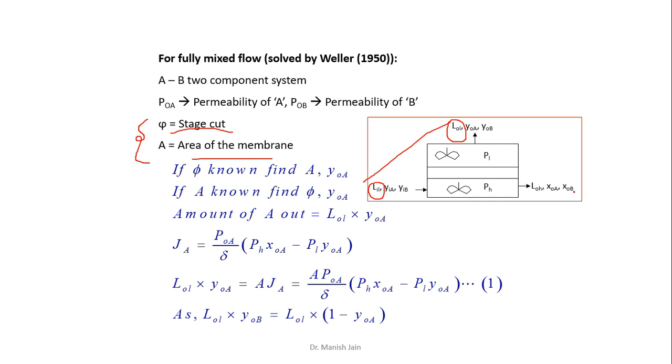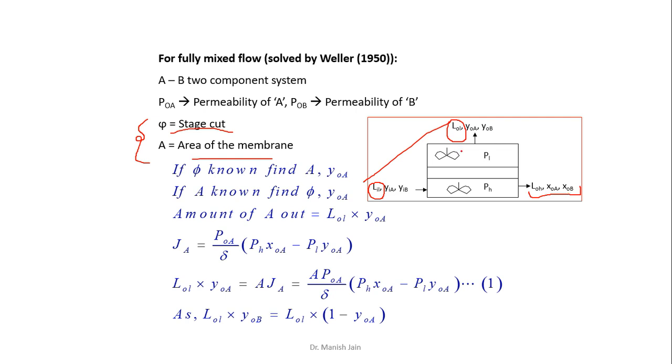Mixed flow membrane modules are similar to a mixed flow reactor or CSTR. In a CSTR, the concentration inside the reactor is the same as the output. Here, for this channel, the output is the rejected stream, so the concentration inside this channel should be equal to XOA and XOB for A and B respectively.